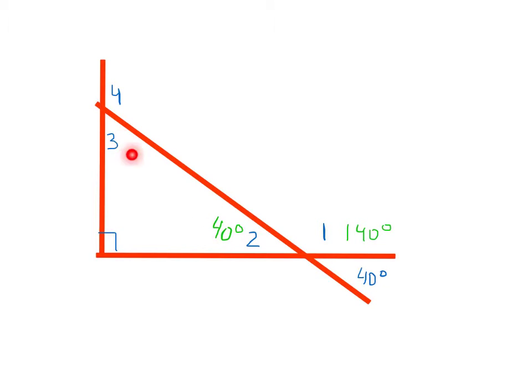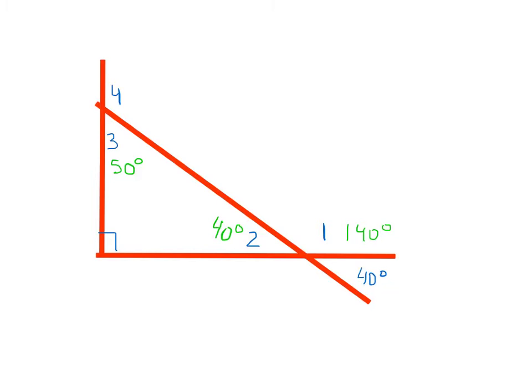Now a triangle equals 180 degrees, and it's all three interior angles. We know this is 90, and this is 40, so that's 130. 180 minus 130 will be 50, so angle 3 is a 50-degree angle. And then these two angles here have to be supplementary. They form a straight line.